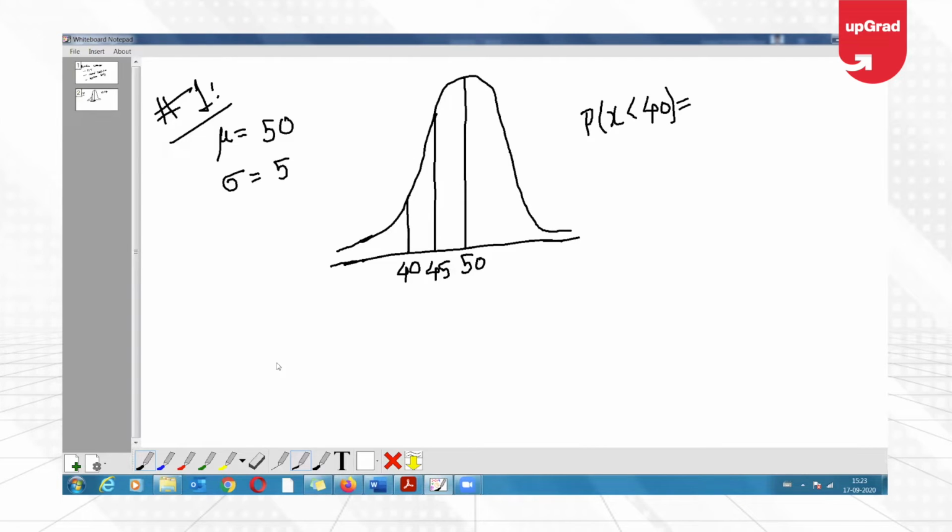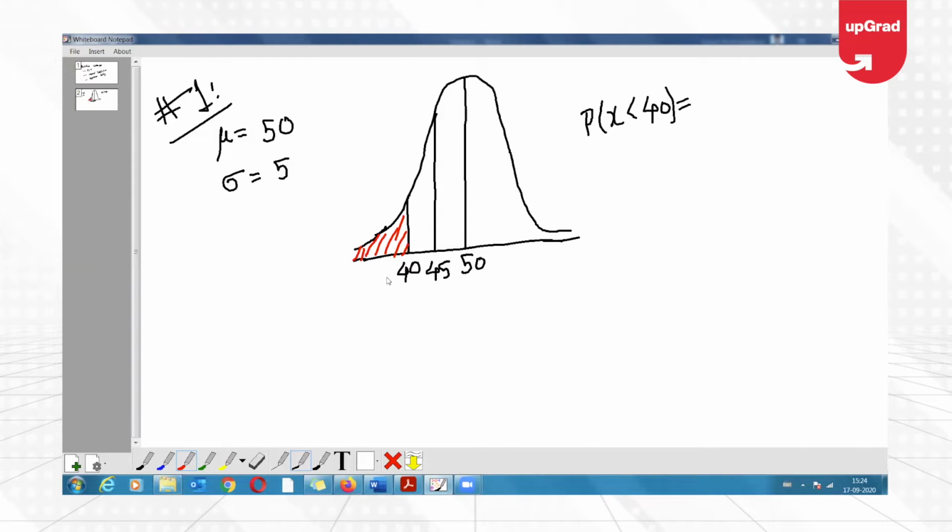This is, by the way, not a very good normal distribution. Let me just... Yeah. So essentially, the problem is the probability of the batsman scoring less than 40. So what are we trying to find? We are essentially trying to find the region shaded in red.